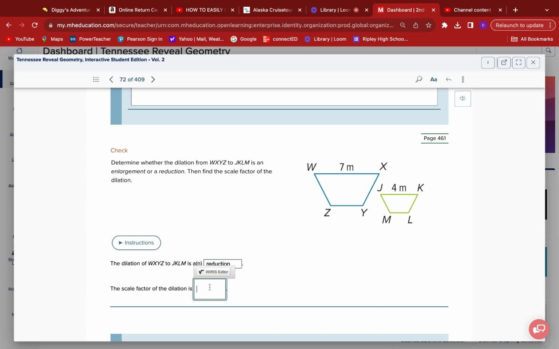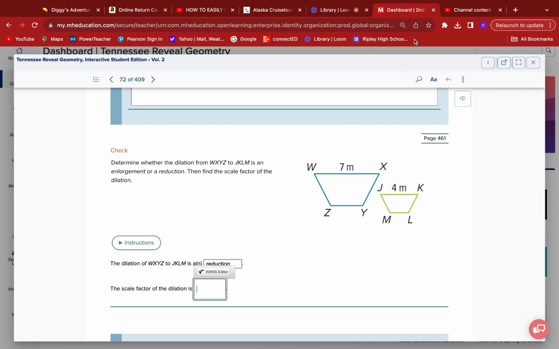because it's getting smaller. And then scale factor, going from 7 to 4. Usually what they say first, you put on top. And what they say second, you put on bottom.